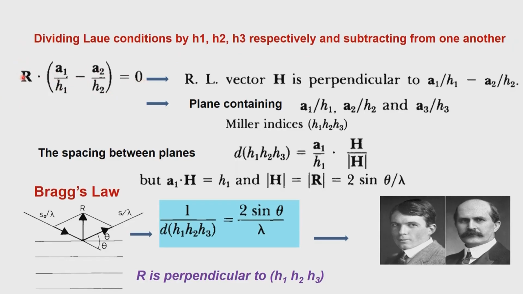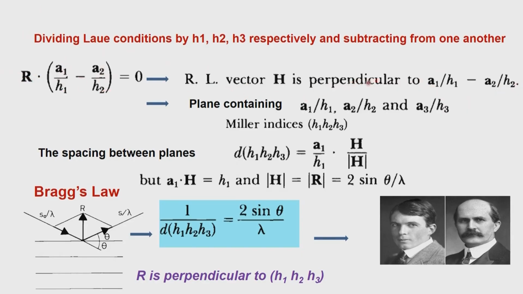Whenever we have an expression like this, 2 vectors with A dot B equals 0, that means A is perpendicular to B. This is vector analysis. Therefore, the reciprocal lattice vector H is perpendicular to A1 by H1 minus A2 by H2. The same logic we can apply to the other 2 sets, that is R dot (A2 by H2 minus A3 by H3).